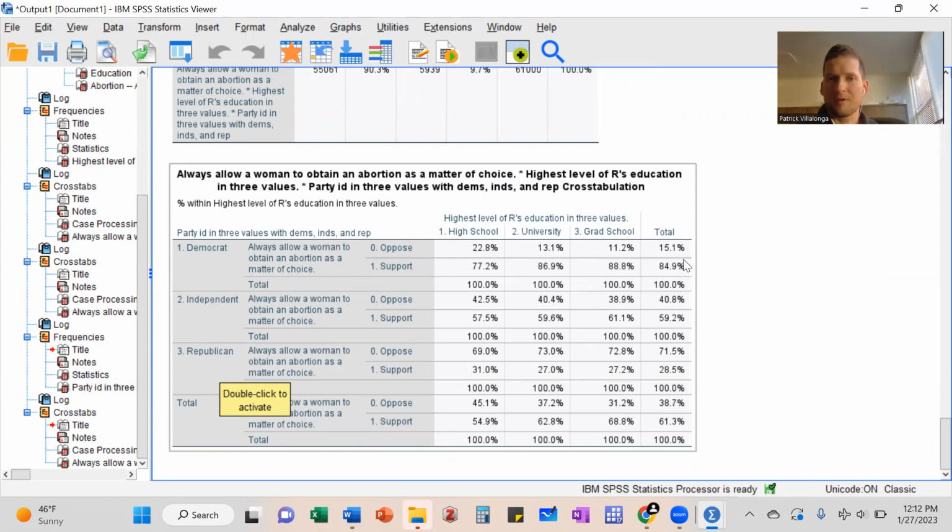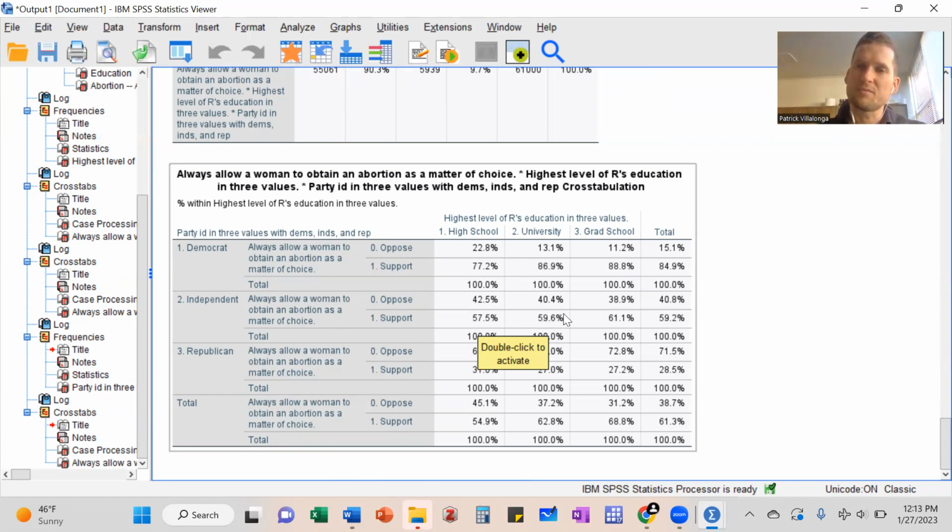Let's take a look at the effect of education on attitudes towards abortion across the three party IDs. For Democrats, high school, 77% support, jumps up to 86 in university, and then 88 in grad school. So there's clearly an increase, really between high school and university. Independents go from 57 in high school to 59 in university to 61 in grad school.